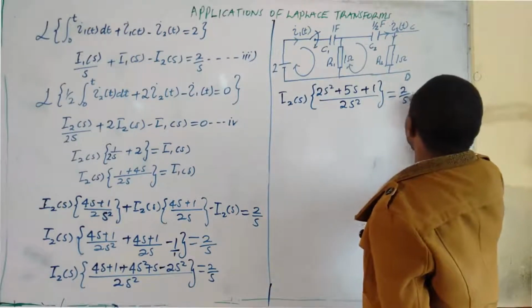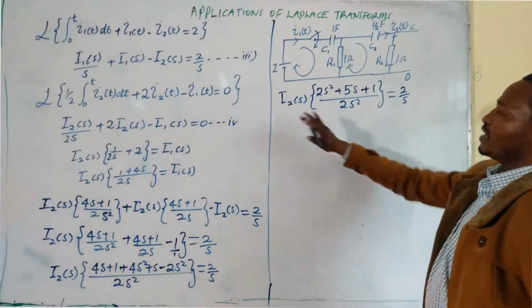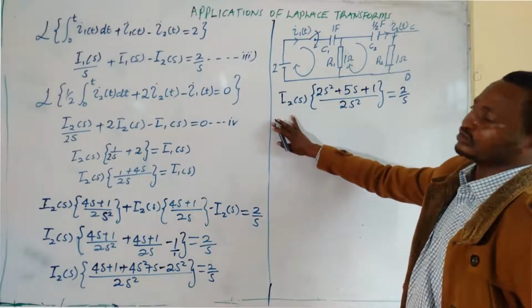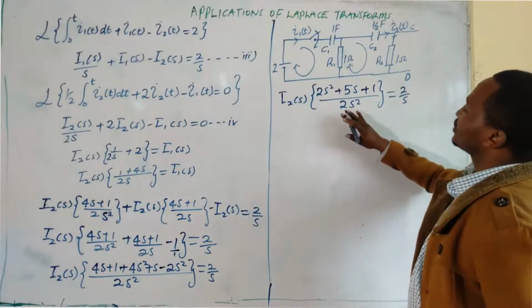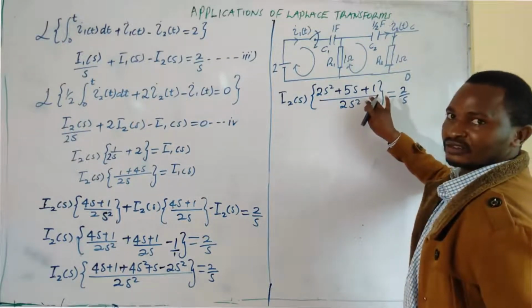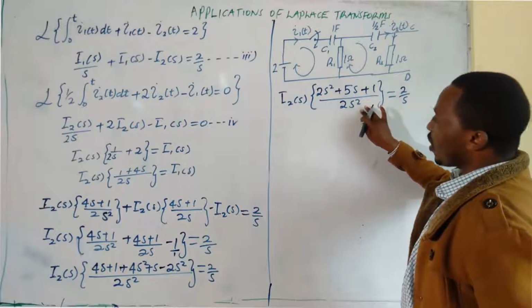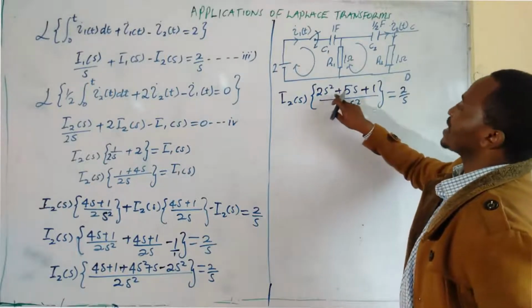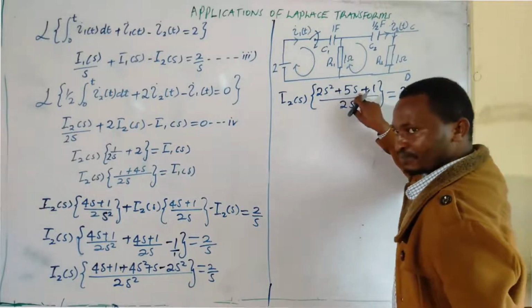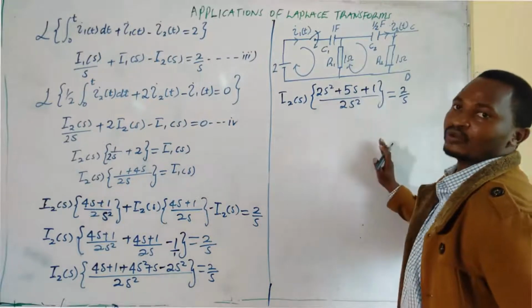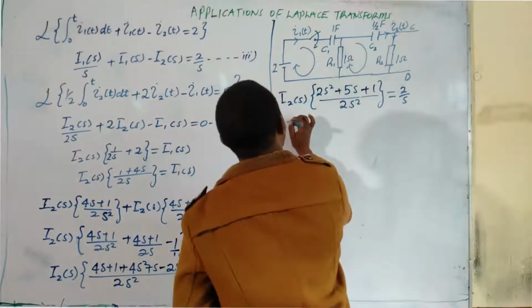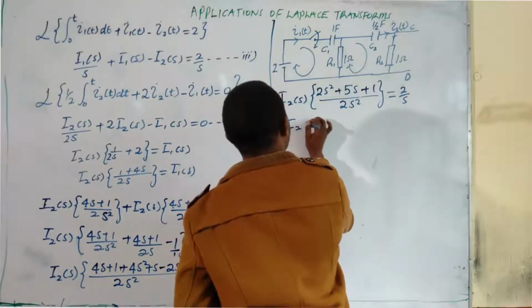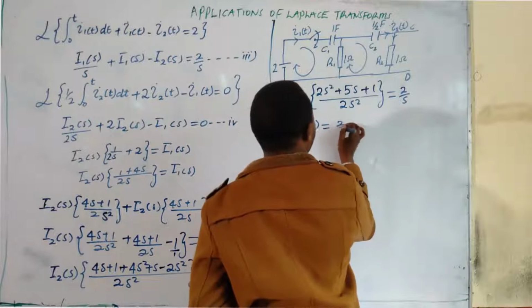We need to have I2(s) on one side of the equation. So we need to multiply with the reciprocal of this one, which is 2s squared over 2s squared plus 5s plus 1. We multiply with that on both sides of the equation, which will give us I2(s) is now equal to 2 over s.